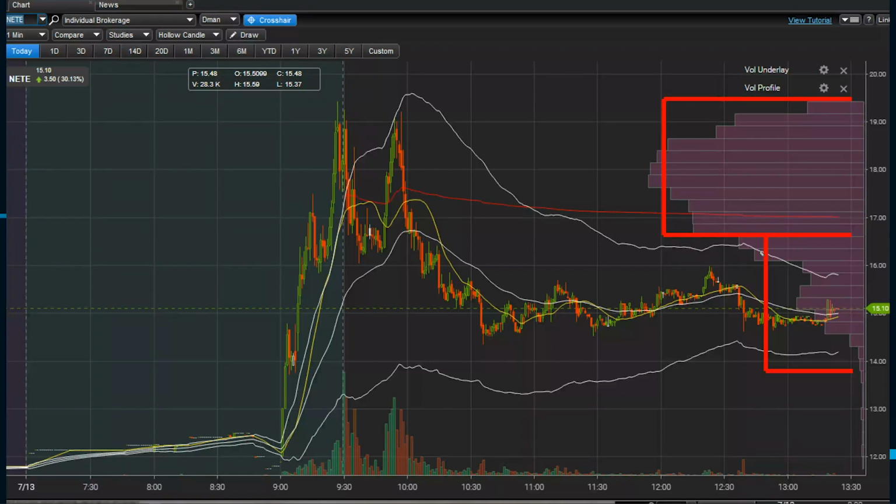Jim, what I mean by trapped is you're in red, right? So if you're long, let's just say, I'll give you an example. If you bought right here and your cost basis is $18.50 and the stock is now $15, you're trapped. You're underwater, right?